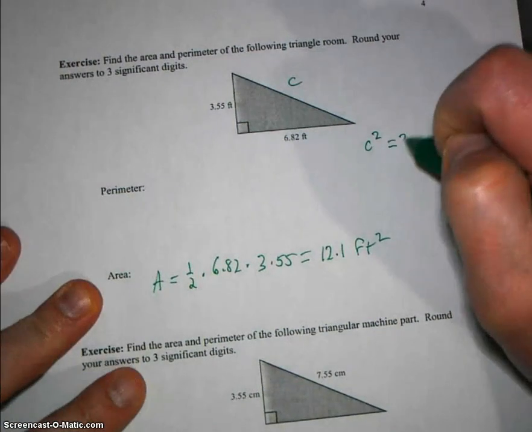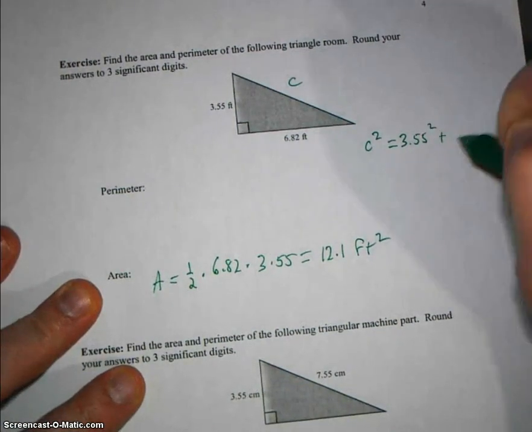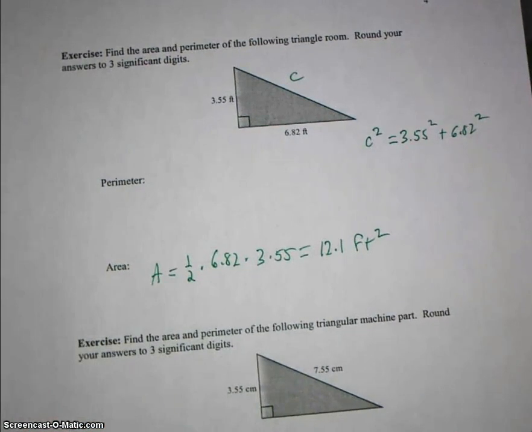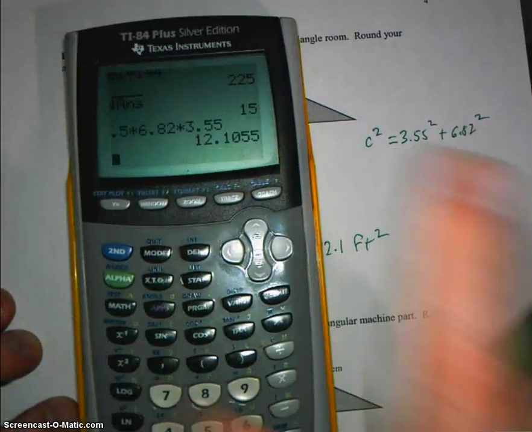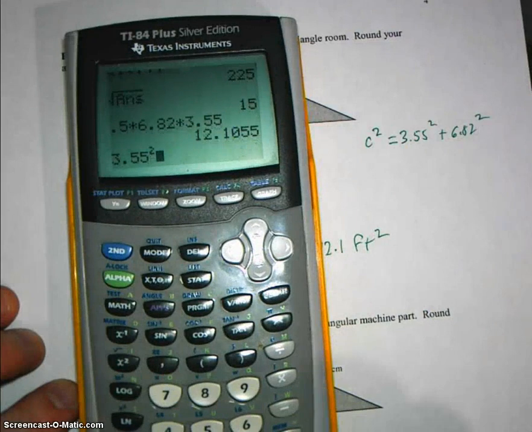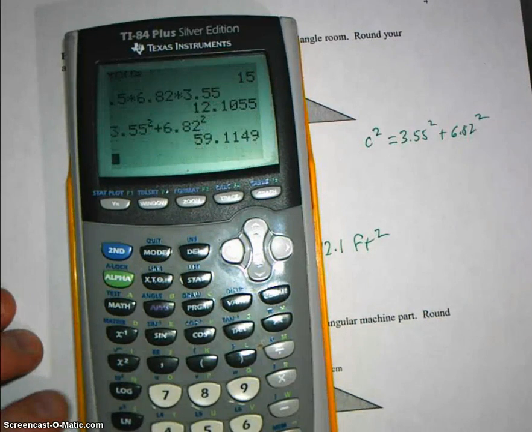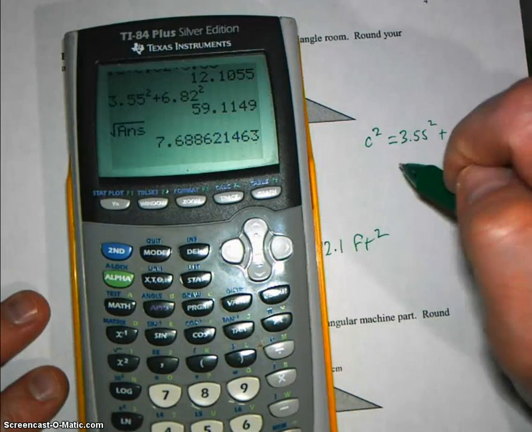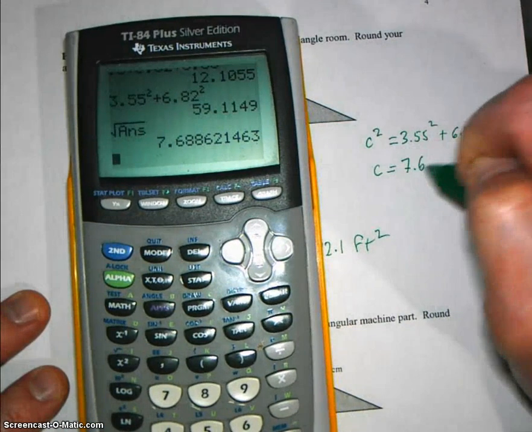Now, to find the perimeter, I've got to find the length of that side, so I've got to use my Pythagorean theorem. So C squared is 3.55 squared plus 6.82 squared. Grabbing my calculator. So I get that, and then I take the square root. So I'm going to say C is 7.69.